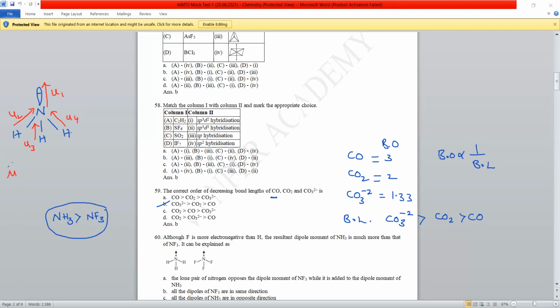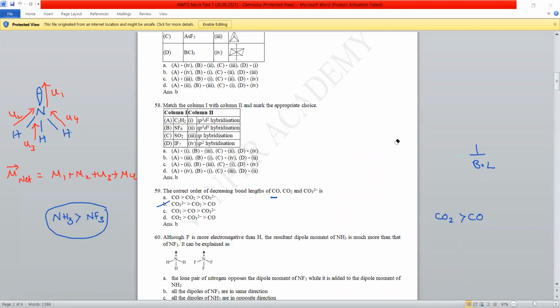The net dipole moment is the sum mu1 plus mu2 plus mu3 plus mu4. Now for NF3, in nitrogen and fluorine, which is more electronegative among those two?